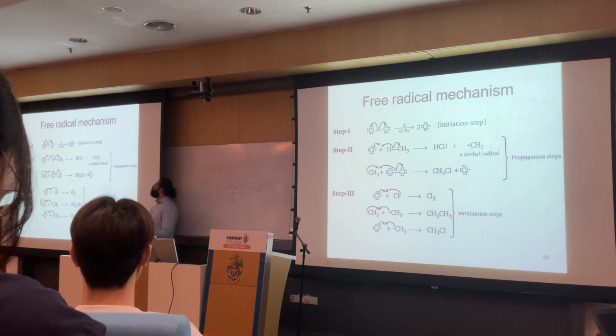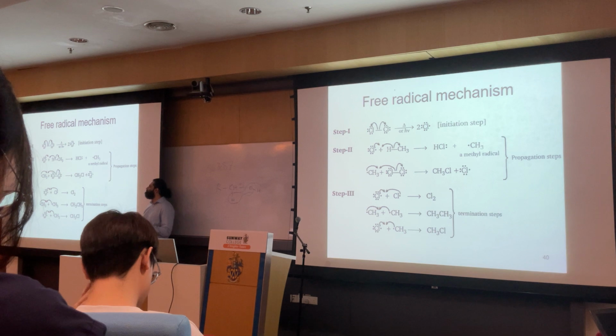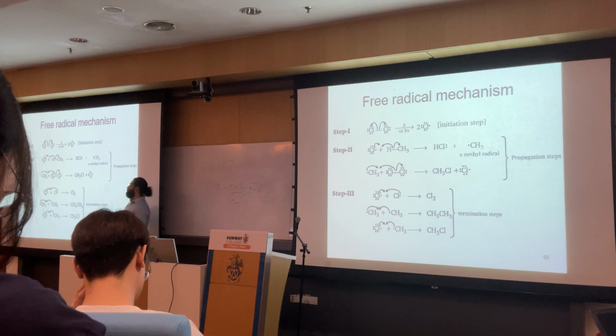How do we know this information? Is it something that is just written in a textbook, or how can we actually tell? All these steps which we see in the mechanism are proven in laboratories to finalize that this is how the reaction is progressing to give this product.